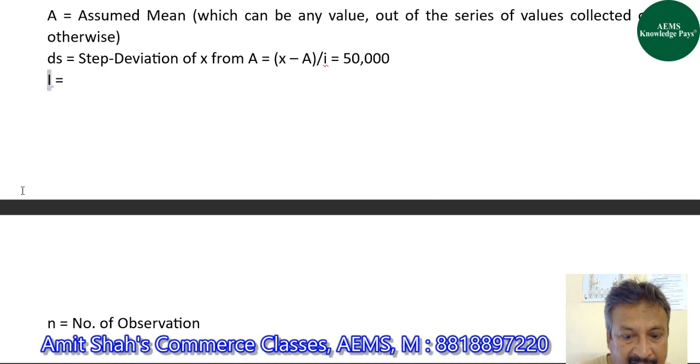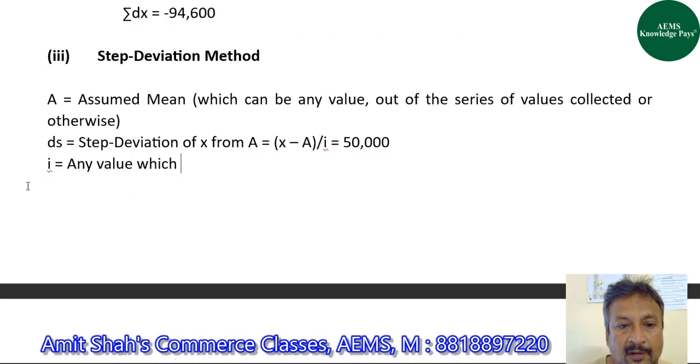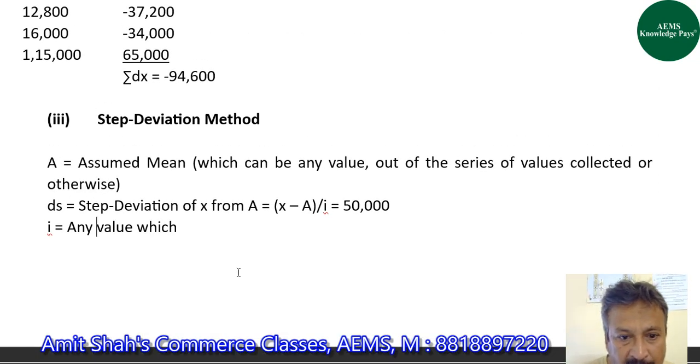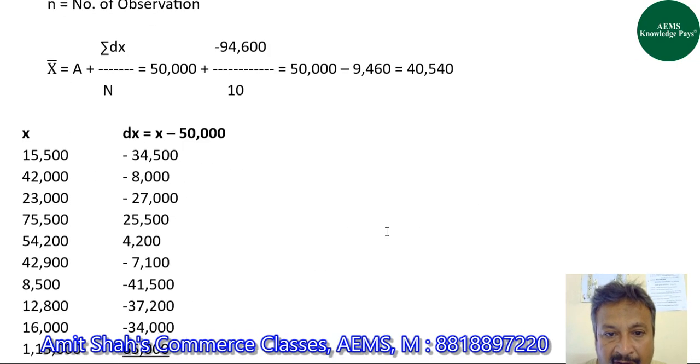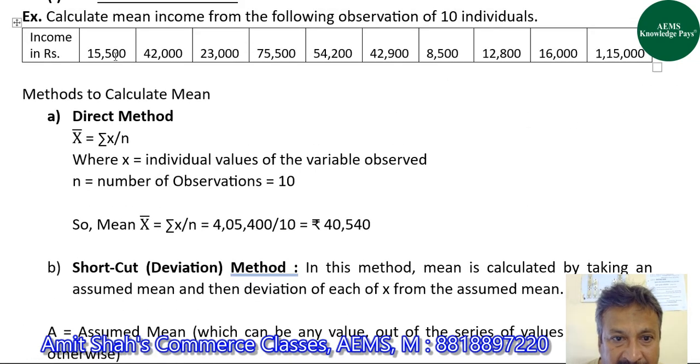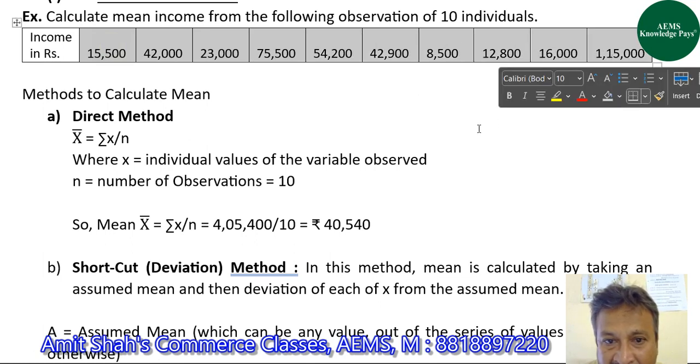And small I is any value, though you can take any value, usually one which reduces the values of x commonly. Now, if you see this data, guys, the data of x here, everywhere at the end we have double zero.